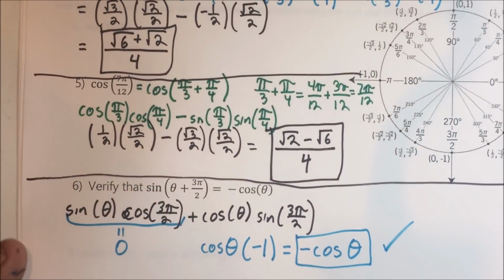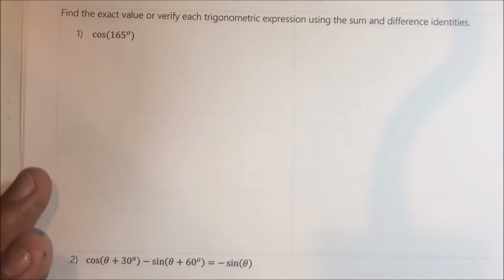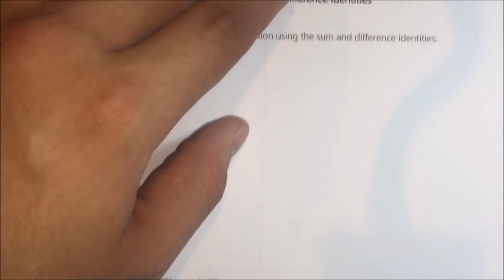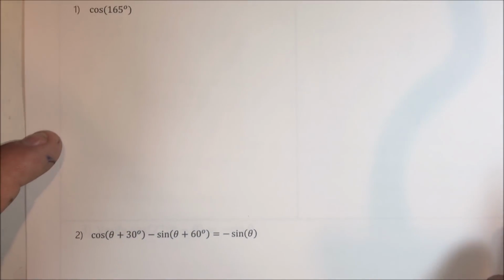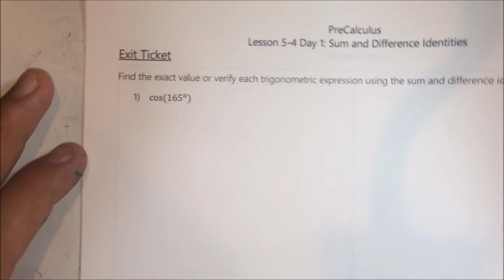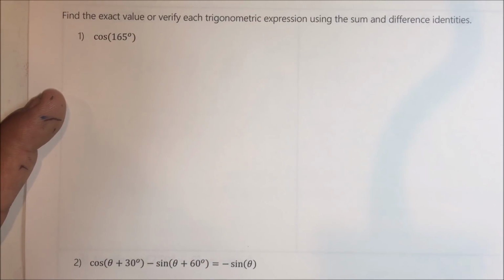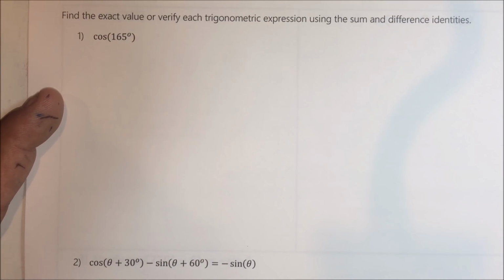And actually what we're going to do today is we're not going to take these notes for a grade. What I want you to do is on the next page, you have this exit ticket, and what I'd like you to do is work through these 2 problems and then give it to me, and that will be your daily grade. Now again, I'm not going to grade you based on whether or not you get these correct or if you understand. I just want to see where exactly you are in understanding this material.